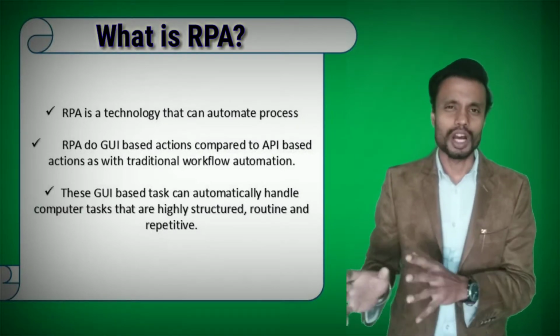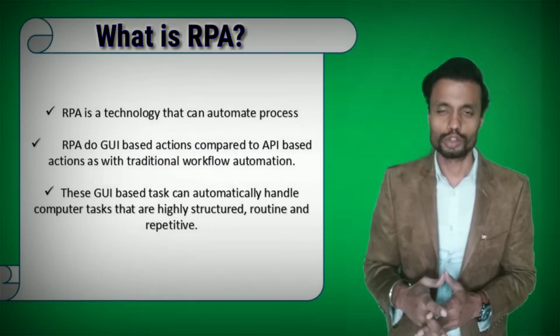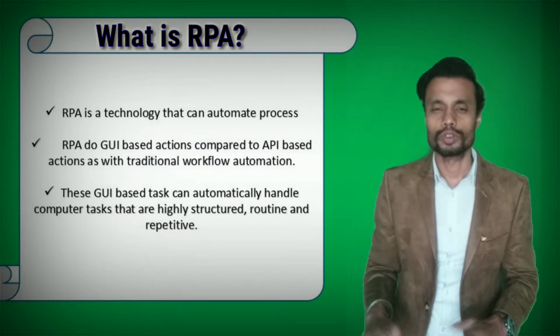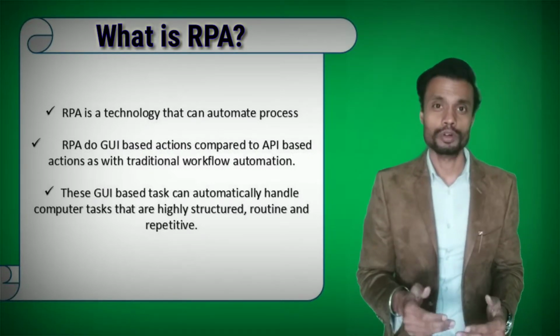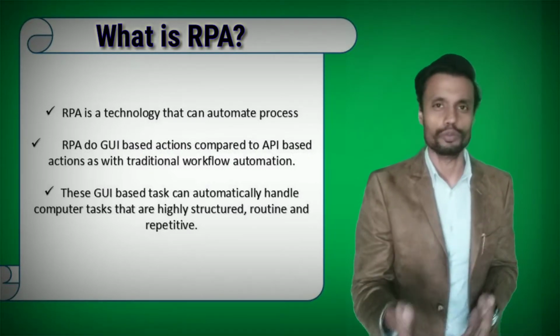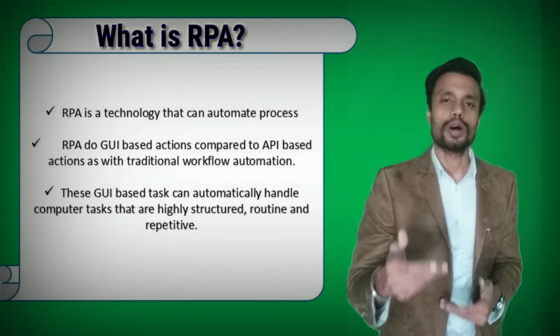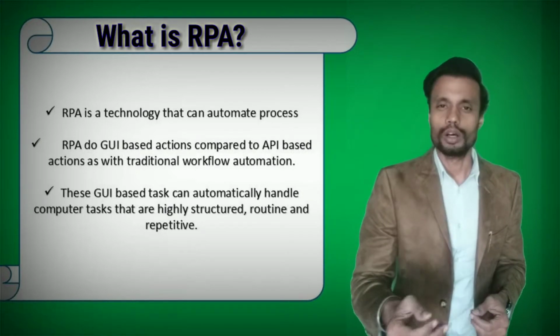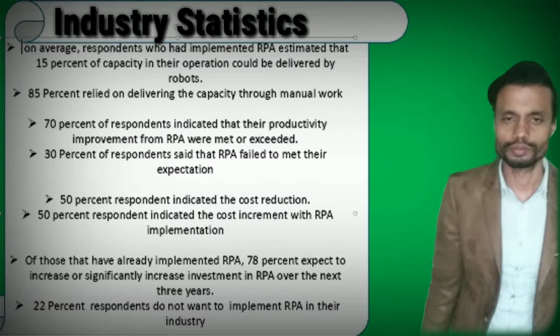So yes, RPA plays a key role in terms of automating this process. If I say robotic process automation, I'm not referring to any manual robot sitting on your desktop or on your system or at your workstation working for you. What I'm trying to say is that a programming would be done at the GUI, graphical user interface, using a small set of parameters.